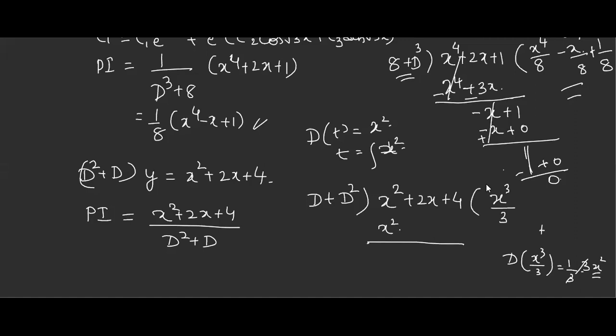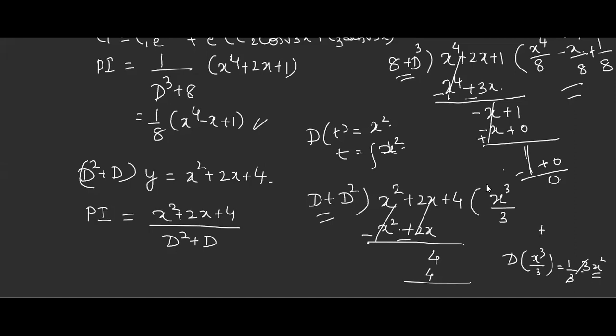See, the first order derivative of x cube by 3 is x square. What is one more order derivative? 2x. So that will come. I cannot get one more because in the divisor I have only 2. Change the sign. Luckily both will cancel. So what is remaining is 4. Now tell me, below 4 we want a 4. How to get this?